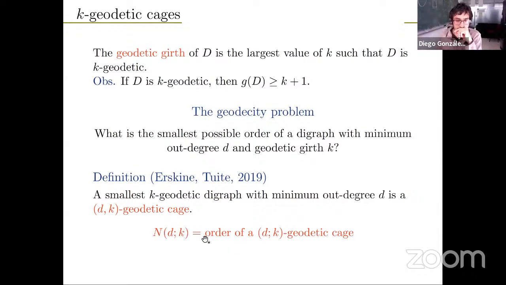They use n of d,k to denote the order of the k-geodetic cage. And similar to the Moore bound for cages, here we have this lower bound for the order of the k-geodetic cage.